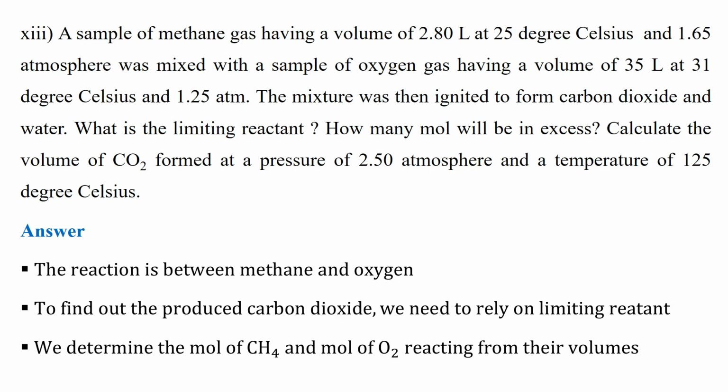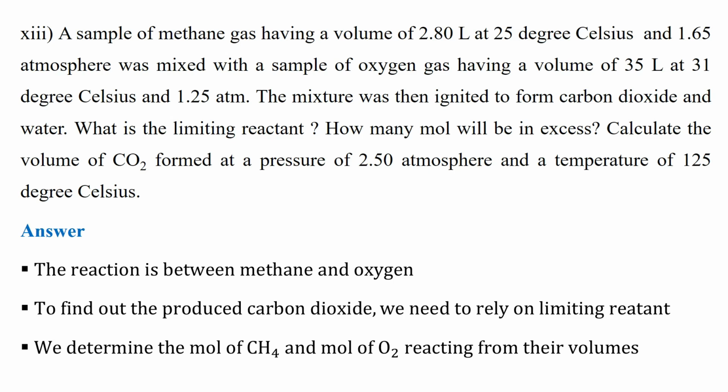Calculate the volume of carbon dioxide formed at a pressure of 2.5 atmospheres and a temperature of 125 degrees Celsius. Here, we are determining the limiting reactant and the excess, because the carbon dioxide produced depends on the limiting reactant amount. So we need to find, between methane gas and oxygen, which will be the limiting reactant.